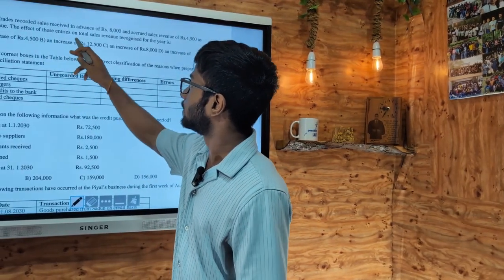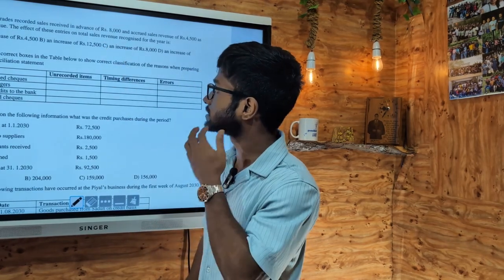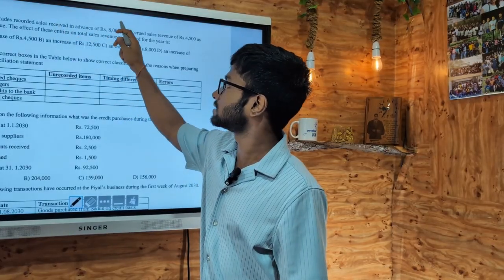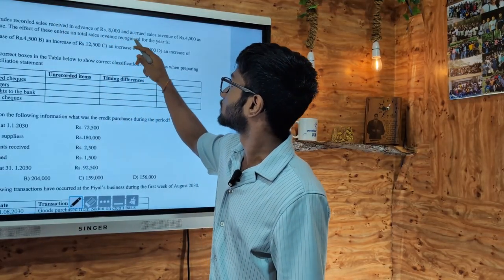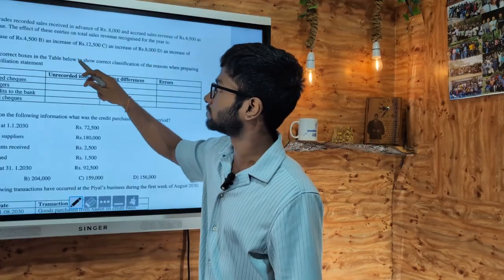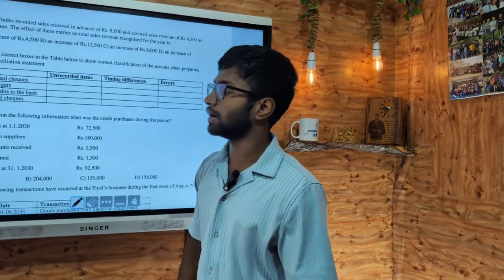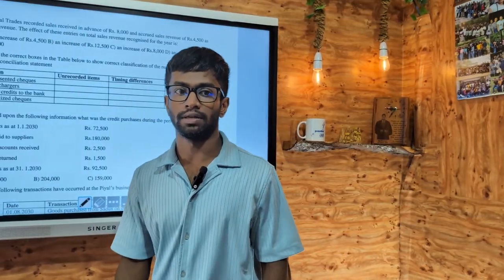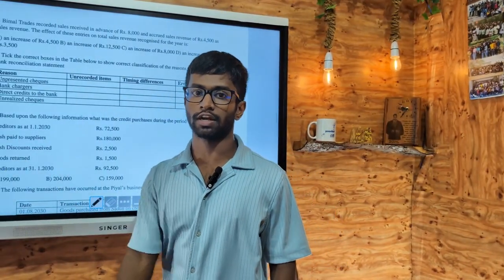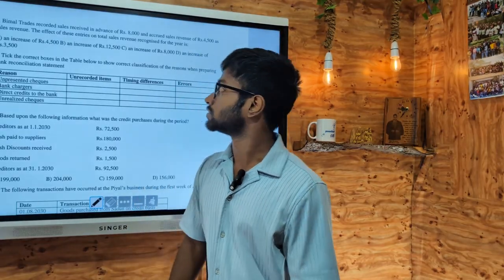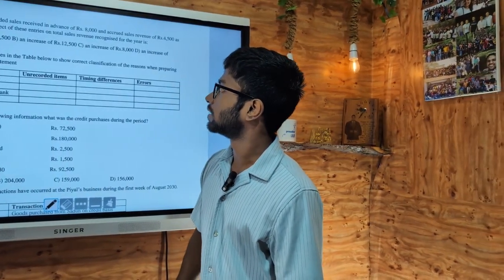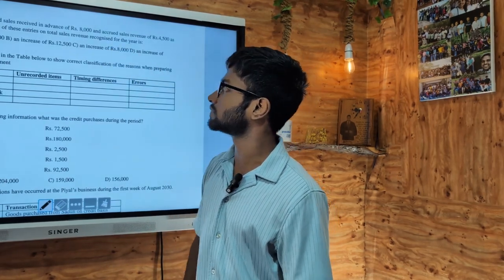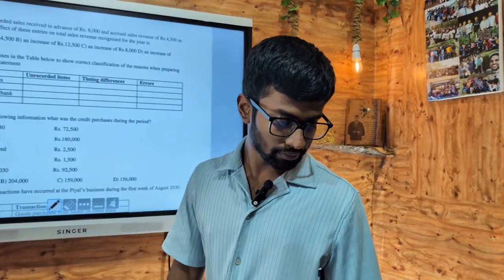The effect of these entries on total sales revenue recognized for the year is... Now keep in mind, sales received in advance we can't record under sales because we still haven't provided the goods to the customer. But here they say it has been included, and also accrued sales revenue 4,500 has gone in.